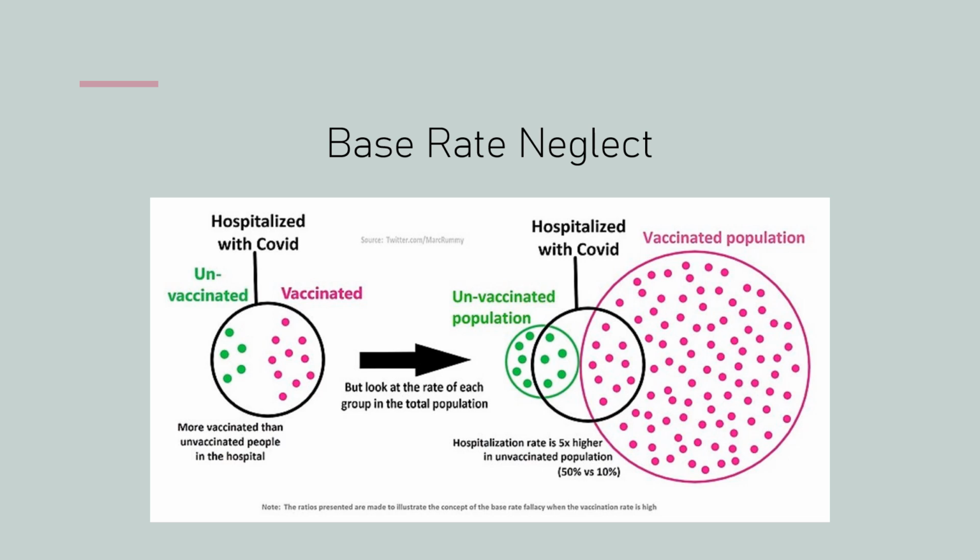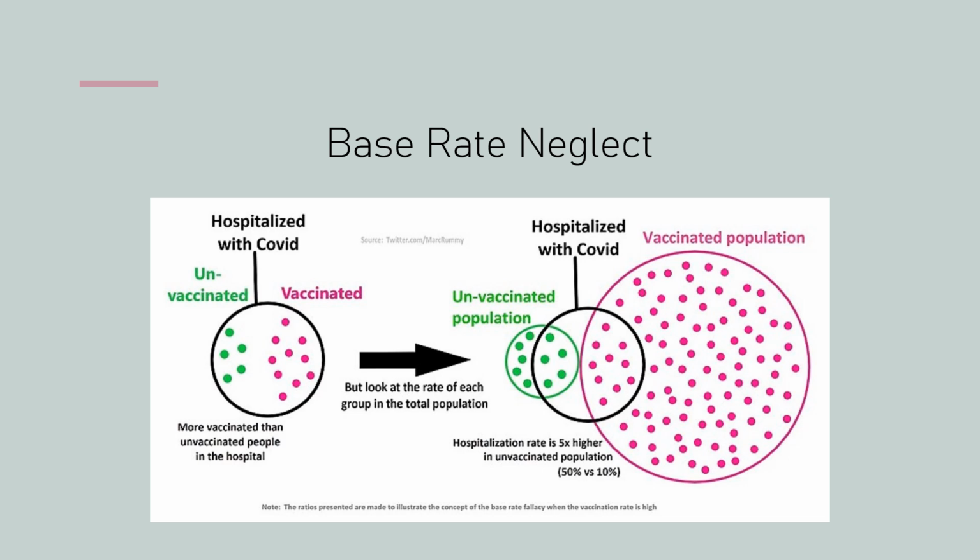Another example of failure to reason correctly is base rate neglect. And again, this is an error that occurs systematically. Base rate neglect is misjudging the probability of an event by neglecting important background information.